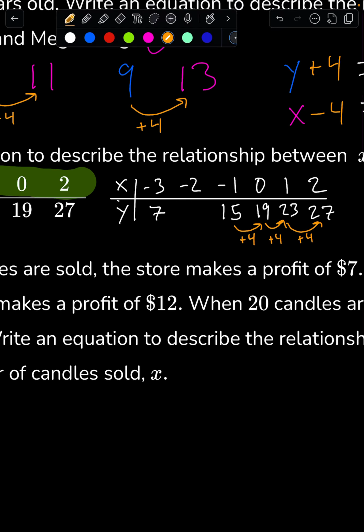But just to double check, I'm going to work backwards from 15 to go from when x was -1 to here when x is -2. And I'm just going to do the opposite. Instead of adding 4, I'll subtract 4. That takes me to 11. And then if I go back again, that gets me back to 7.